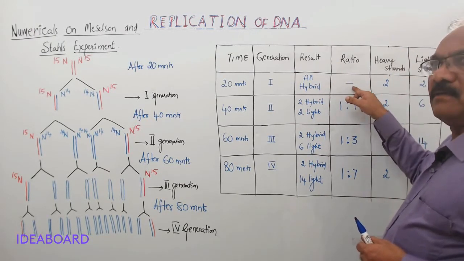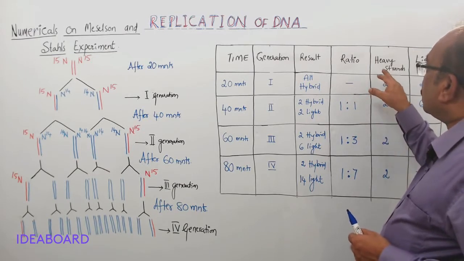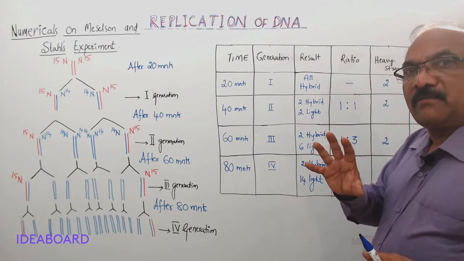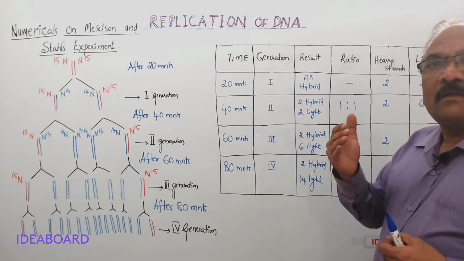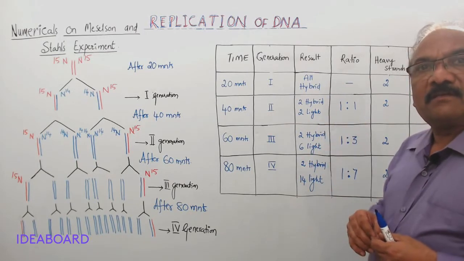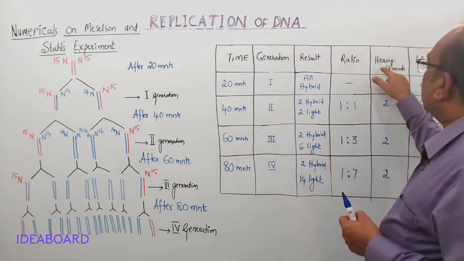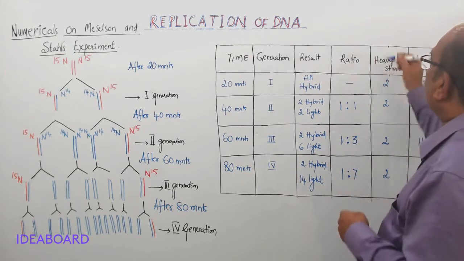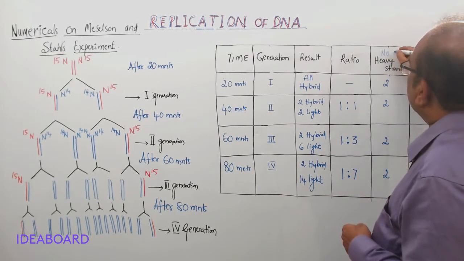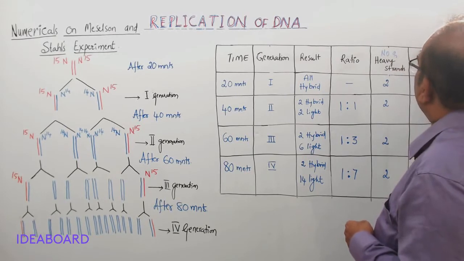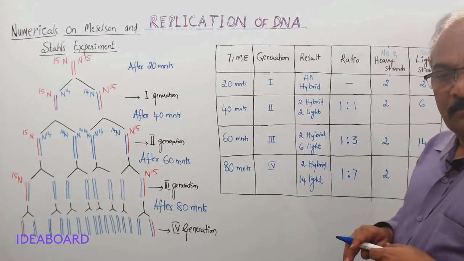Because all are hybrid, there is no ratio here. Just remember, they will even ask you about the strands: how many N14 strands and how many N15 strands. That's why I wrote here the number of heavy strands and the number of light strands.